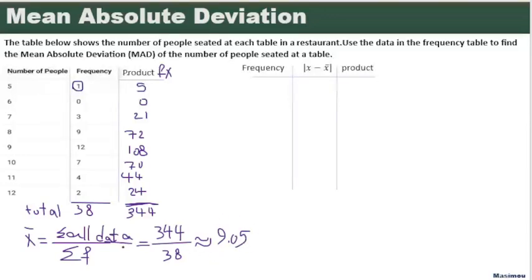My mean is 9.05. That means the average number of people behind each table is almost 9.